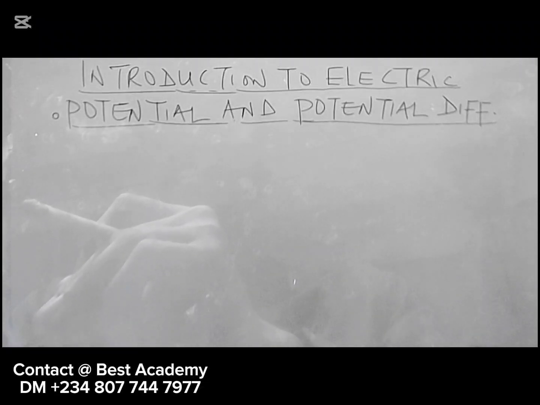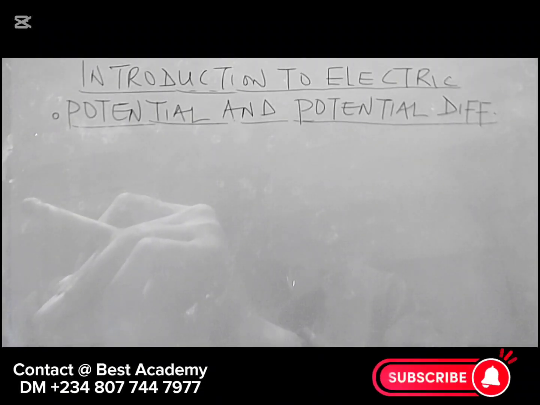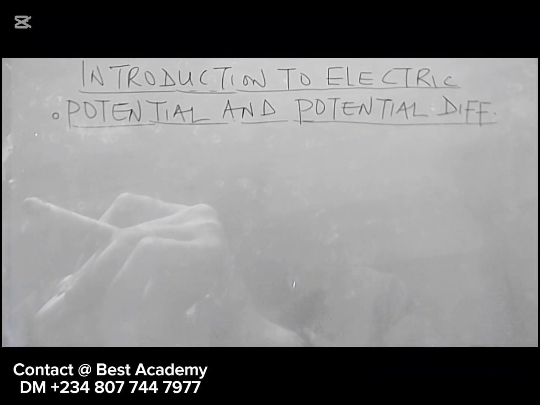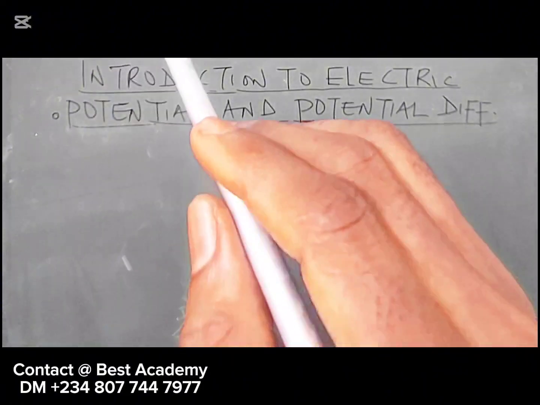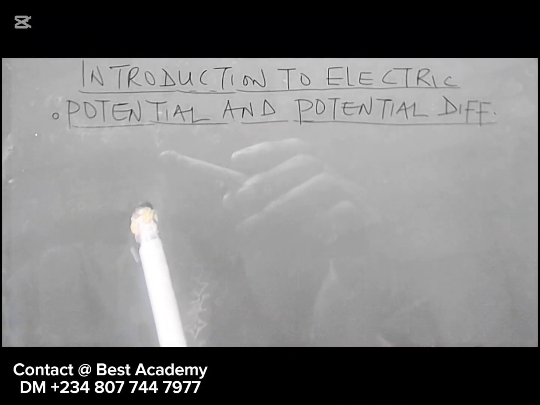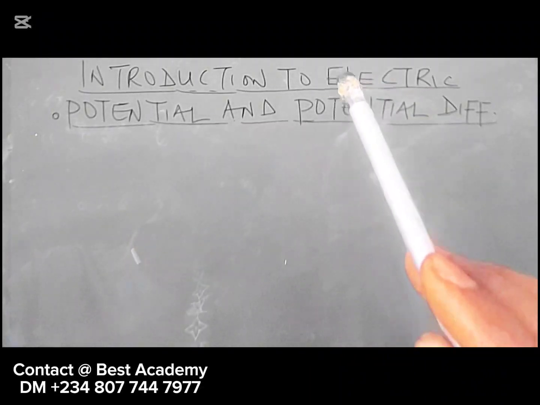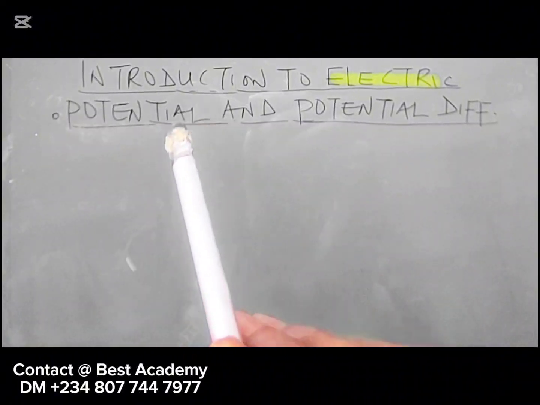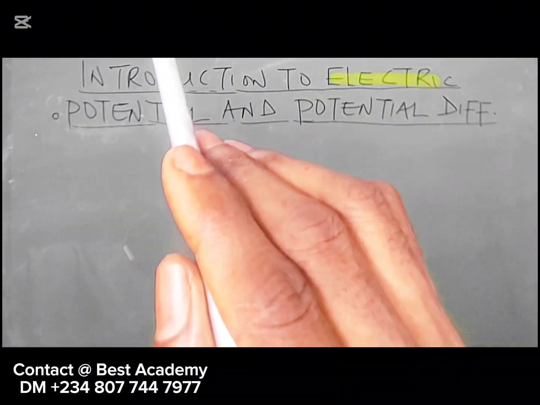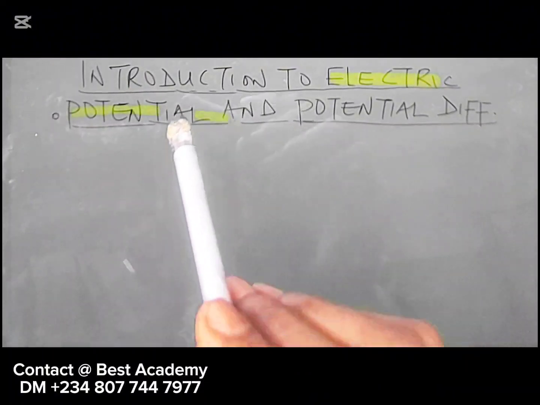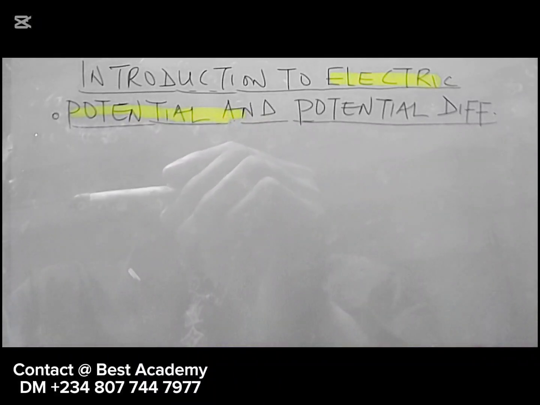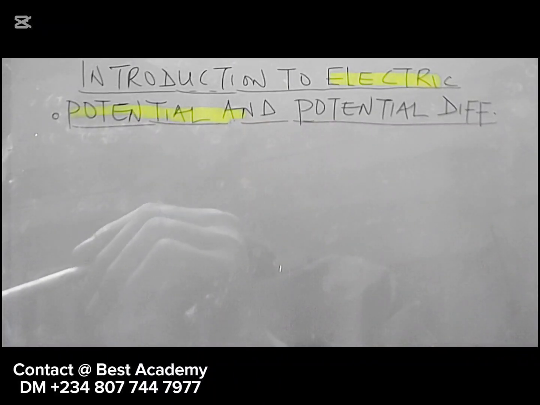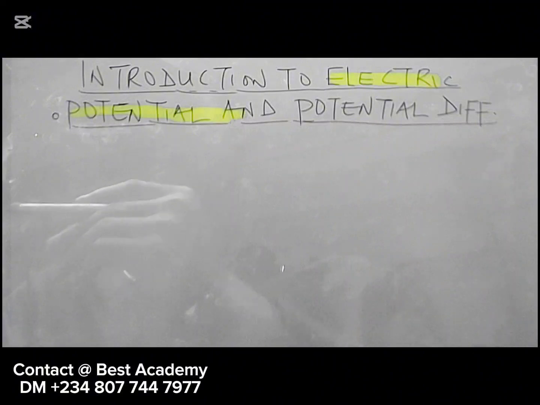The electric potential at a point is the amount of work done per unit positive charge. So we are taking the definition of electric potential.